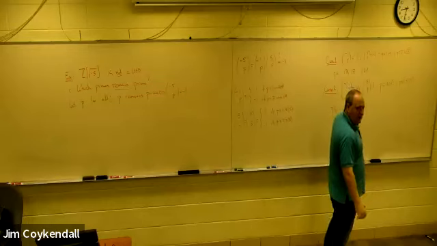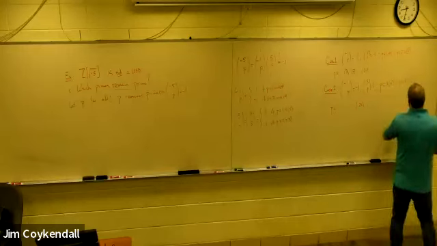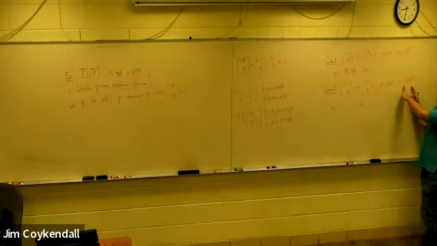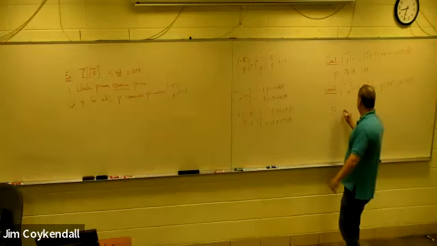Again, with the Chinese remainder theorem, all I got to do is plug along until I get a solution. So 1 mod 5, well, 1 doesn't work. 6, oh, that's even, that's not going to work. So let's just add 10s. 1, 11, 11 works.